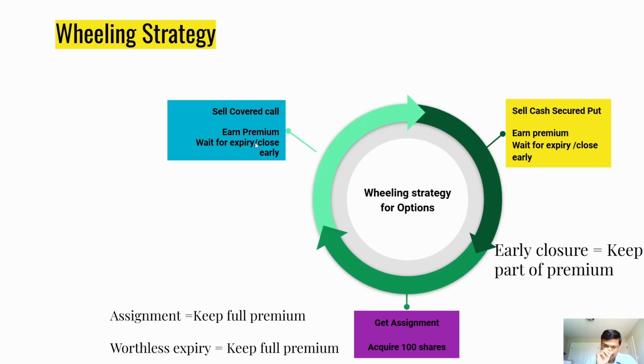And the third scenario is when the stock price is equal to the contract price, or the strike price. In that case, you will have to sell those 100 shares. Again, you keep the full premium, but you have to sell those shares. And if they are not sold, they are for you to keep. Then the premium is yours, and the shares are also yours.